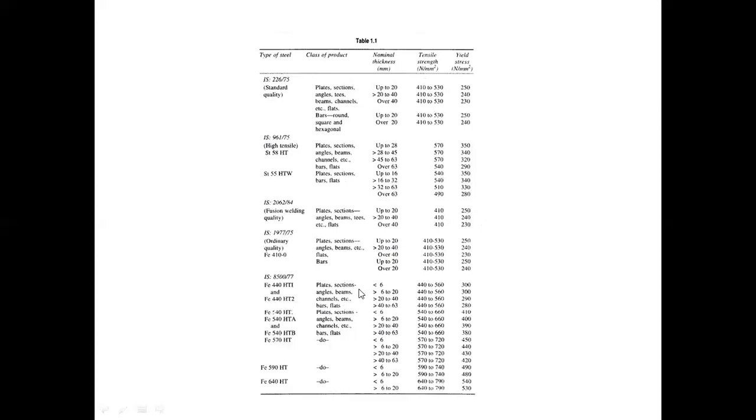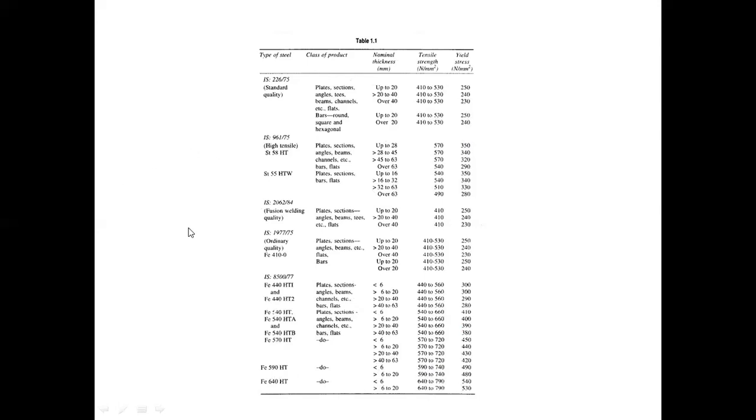Fe 440 has a minimum tensile strength of 440. Fe 590 has a minimum tensile strength of 590. Then there is the yield stress, which the bars and sections have, here from 250 to 530.